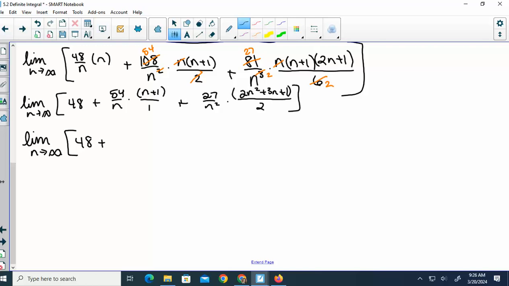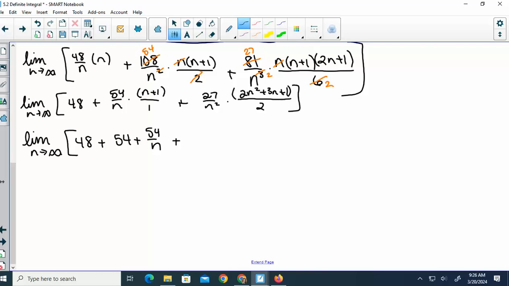Okay, if I distribute, I get 54n over n, so that's 54. Plus 54 over n. This one, 27 times 2n squared.